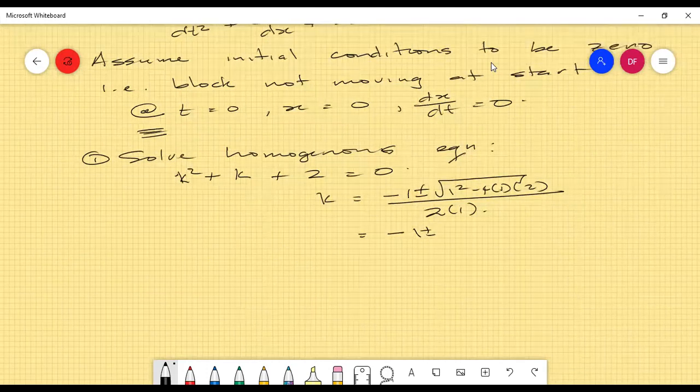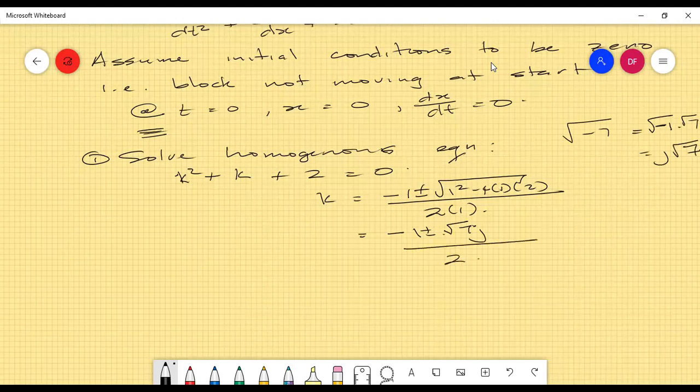So there's root 7j. I remember that we said minus 7 is minus 1 times 7, and the square root of minus 1 is equal to j. And we divide by 2. So this is k.